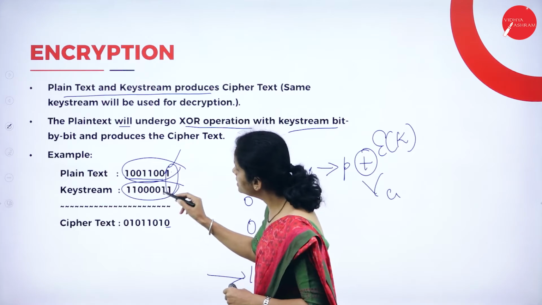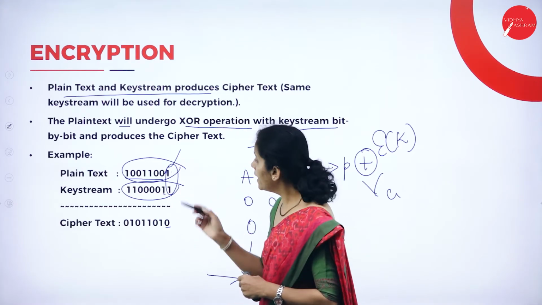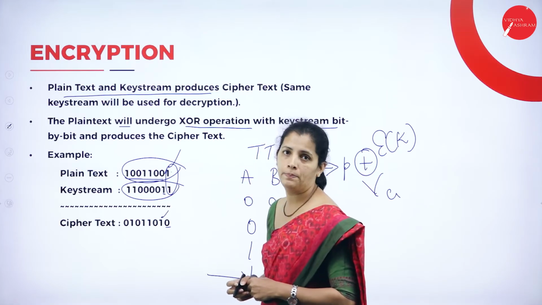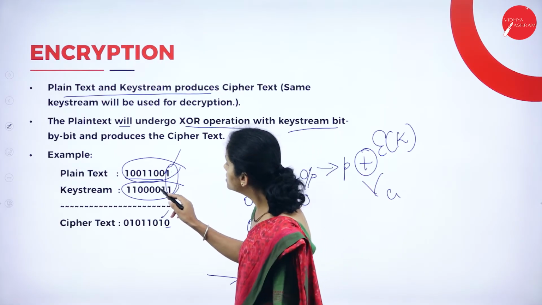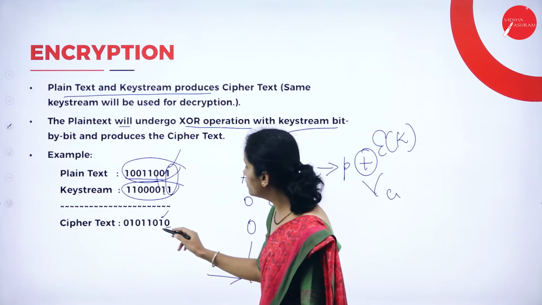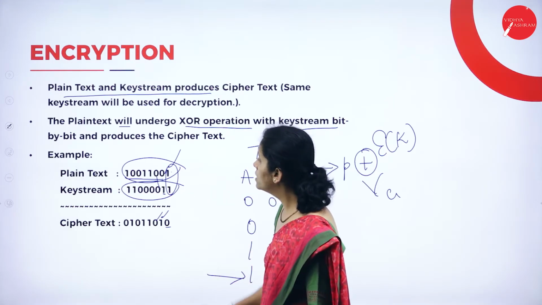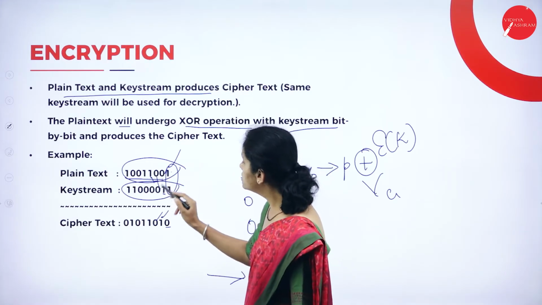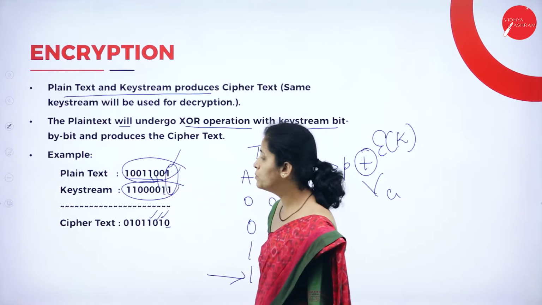If I consider the next bit, 1 XORed with 0, I get the output high. Now I have 0 and 0; when I perform XOR operation, I get 0. Then 1 XORed with 0 gives high output.